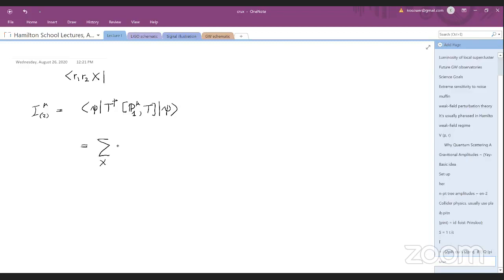So again, we have a sum over states, and that sum over states implicitly includes the phase space integrals that are associated with additional particles. And it also implicitly includes the case where there are actually no additional particles. We just have the particles we start with.